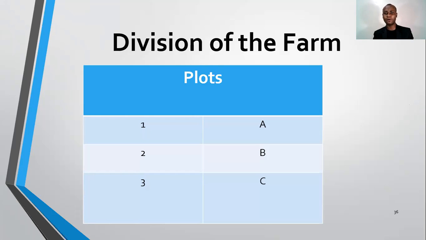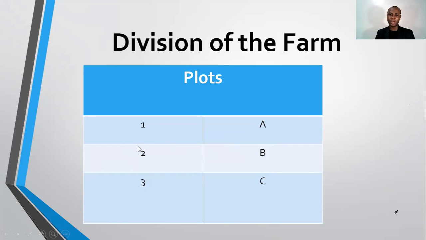Like this is the whole farm. Let's say this farm is 1 hectare. You are going to divide the plot into 6 different parts: 1, 2, 3, 4, 5, 6. This side you call plot A, B, C, and then plot 1, 2, 3.